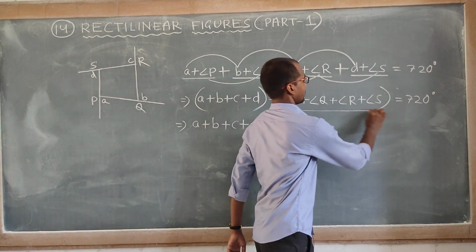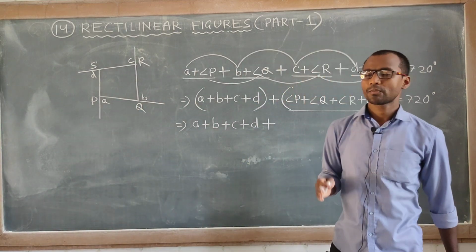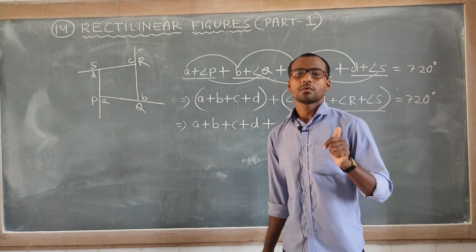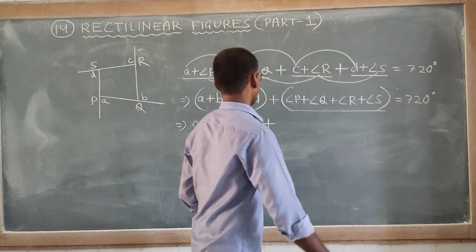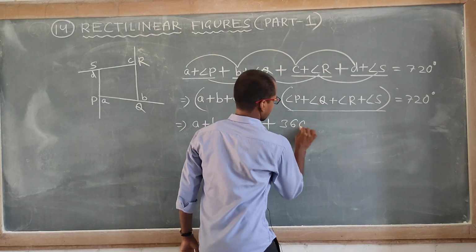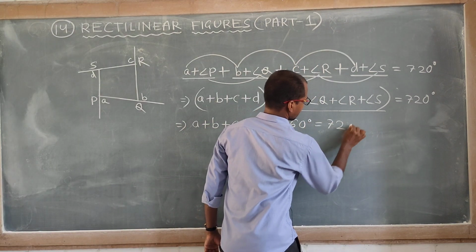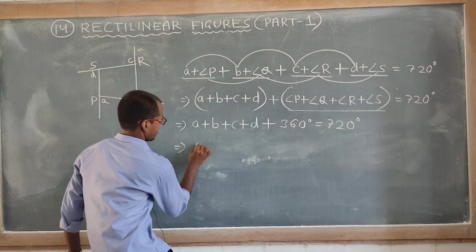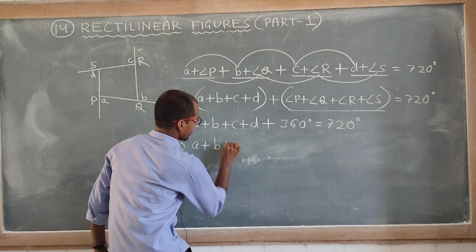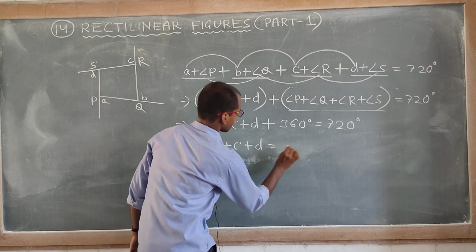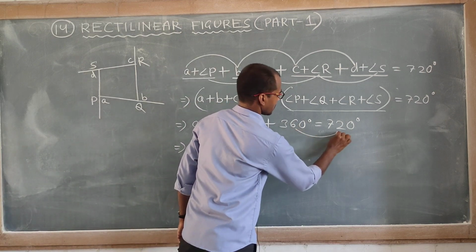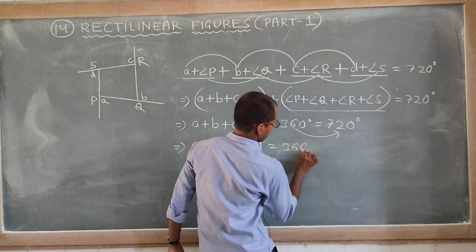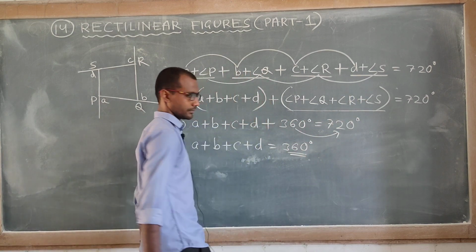Now what is angle P plus angle Q plus angle R plus angle S? The sum of interior angles of a quadrilateral, which is 360 degrees. So plus 360 degrees is 720 degrees. That means A plus B plus C plus D is equal to 720 minus 360, that is again 360 degrees.